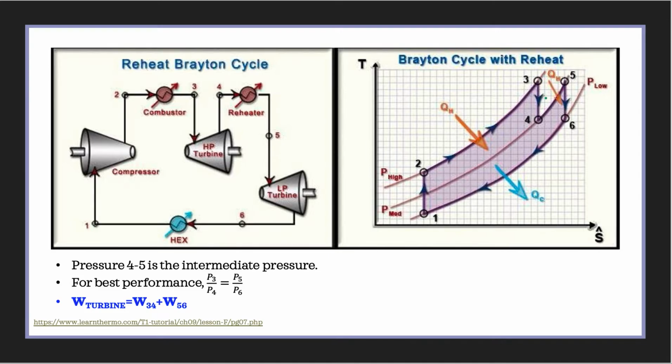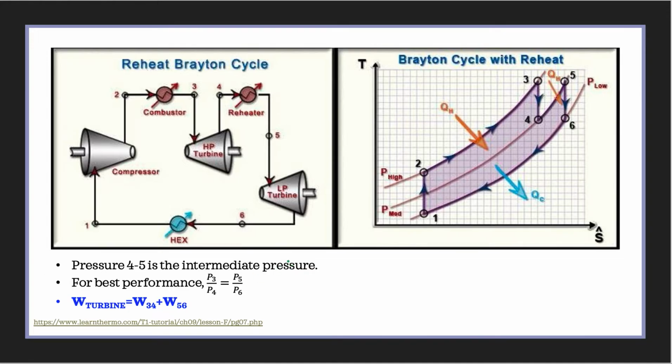So in the HPT, we can see that pressure 4 is equal to pressure 5. We call this pressure the intermediate pressure.